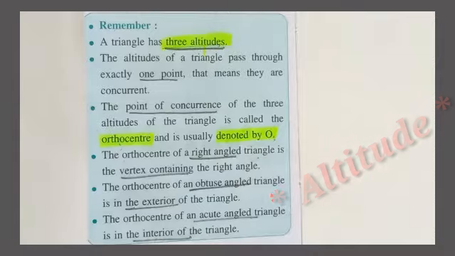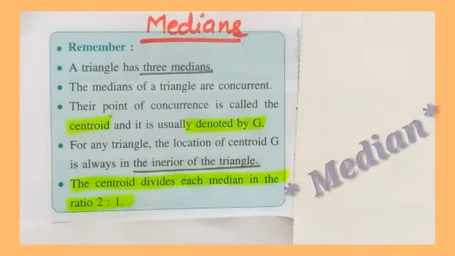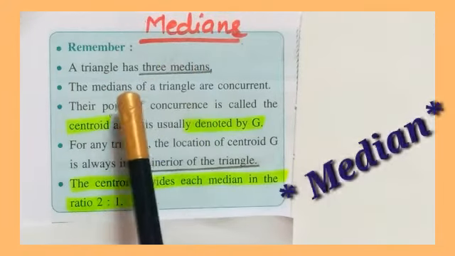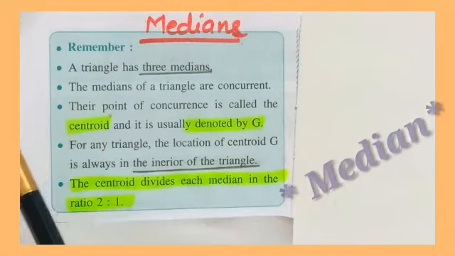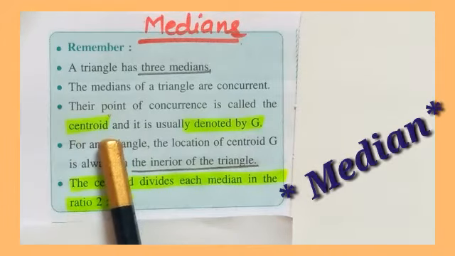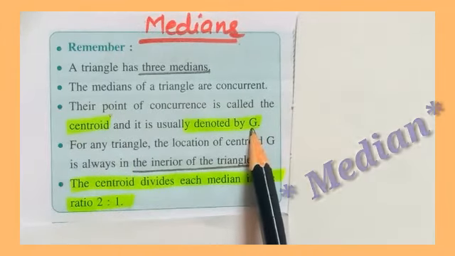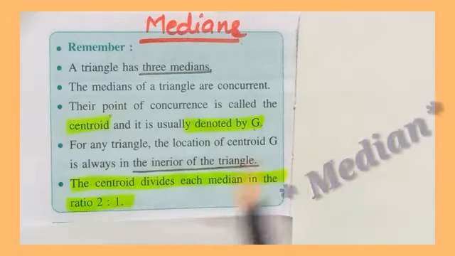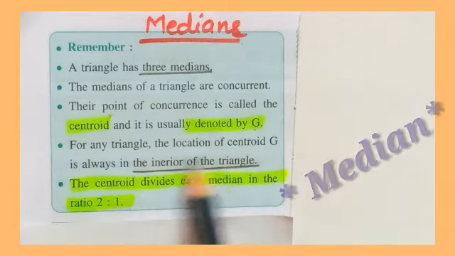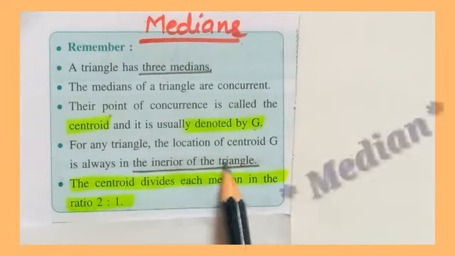In the same way, what we have learned about the medians is that each triangle has 3 medians. All these 3 medians have one point of concurrence which is called the centroid. The centroid is always denoted by the letter G, and for any type of triangle, its centroid always lies at the interior of the triangle.